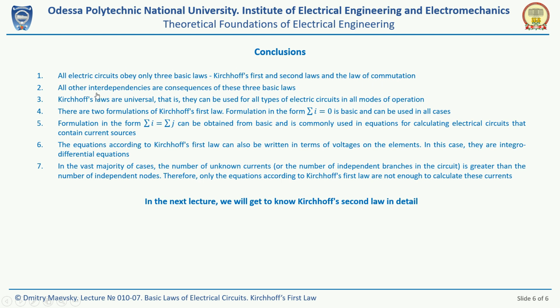All other dependencies are consequences of these three basic laws. Kirchhoff's laws are universal. That means they can be used for all types of electric circuits in all modes of their operation.